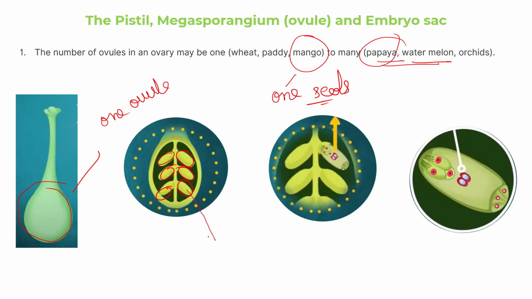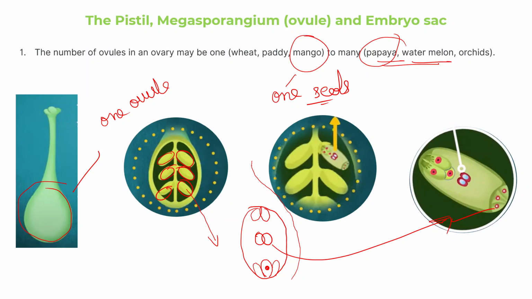But if we zoom inside this ovule, the structure of the ovule looks like this. Inside this ovule, there are cells: the egg cell, some synergid cells, a central cell, and antipodal cells. The male gametes which come inside through the pollen tube, there are two male gametes, right?